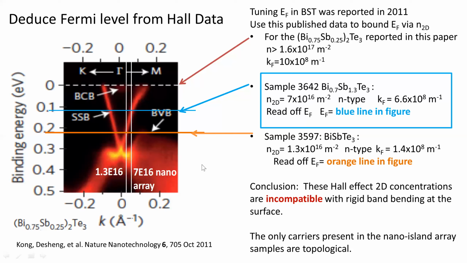From this calculation, we want to show that this Hall effect 2D concentration is incompatible with rigid band bending at the surface. Even if there is band bending, it is impossible for a Fermi level that crosses the conduction or valence band to give such a low 2D carrier density. So the only carriers present in the nano-array samples are topological.